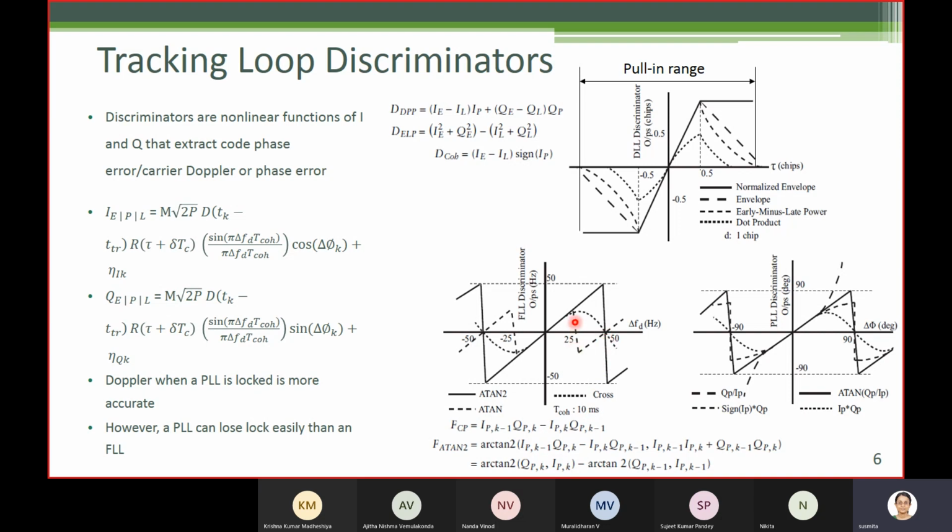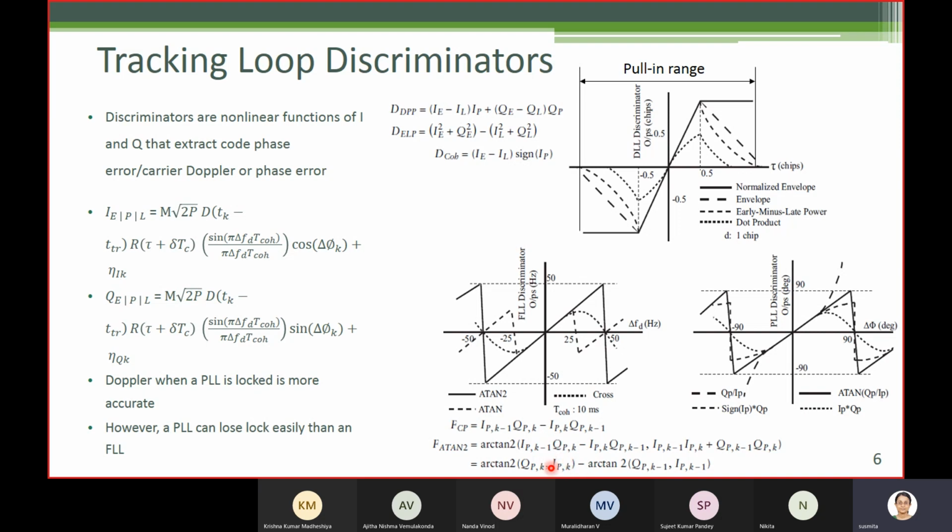For the ATAN discriminator, the pulling range is plus minus 1 by 4 T coherent. So in place of 1 by 2T, you have to do 1 by 4T. That's why it is half. Now using these mathematical functions, all of these can be determined. You just need to substitute the expressions of I and Q and do simplifications.